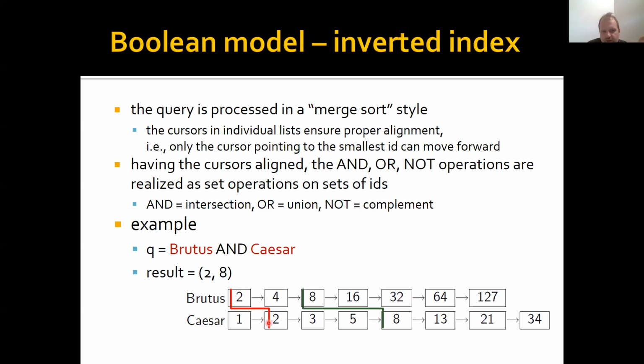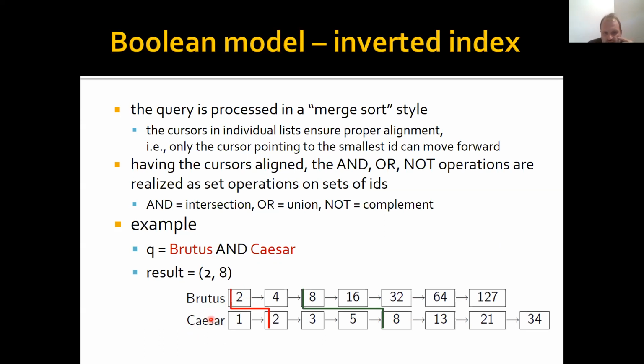Once we keep the cursors aligned, we basically have aligned positions of documents with the same number, and therefore we can retrieve the document vector for the terms, right? If we have, for example, Brutus and Caesar, that must be in the document to be true for the query, we go and evaluate. If we start with 2, Brutus is in the second, so we didn't process the first yet. Okay, so we wait.